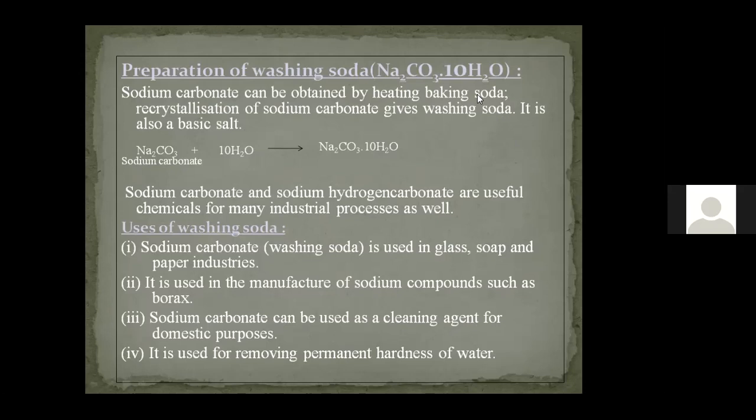When sodium carbonate is added to water, the calcium ion present in the hard water replaces the sodium ion from the washing soda and becomes calcium carbonate, and it settles down at the bottom. Similarly, magnesium will replace the sodium to become magnesium carbonate, which also settles down at the bottom.